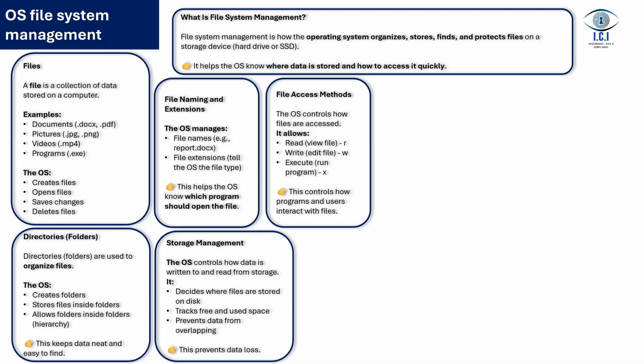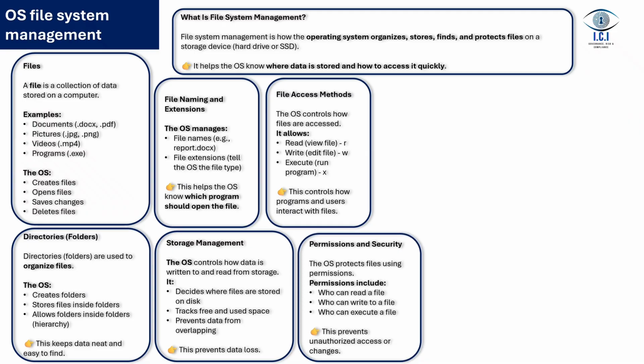W means the file can be edited. X means that you can run the file. So the OS controls how programs and users interact with files, and that's what comes under the file access method. The OS is in charge of whether you can read the file, edit the file, or run the file or the program.